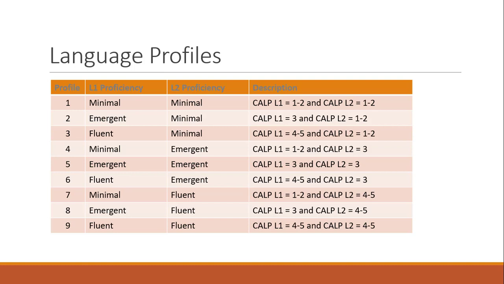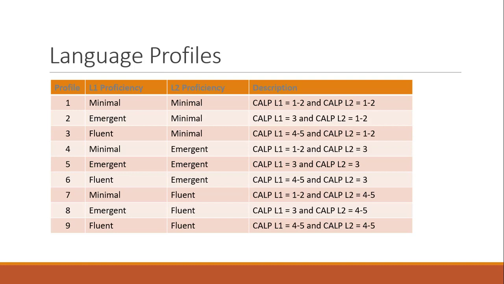If you have a profile of 1, I'm going to start investigating and thinking about a priori questions like intellectual disability, because again, the child is completely alingual. And fluent in both languages is usually something that you'd capture after 3rd grade, after they've had a chance to be exposed to both languages and instruction in both languages.